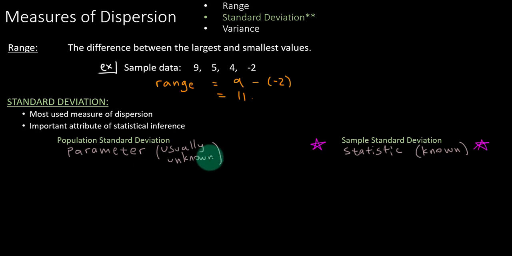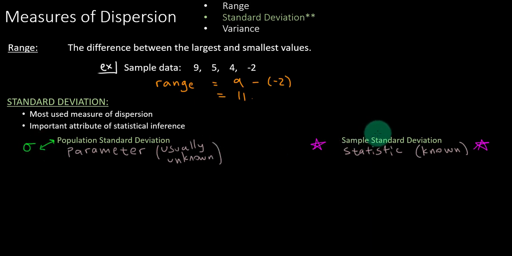Let's look at the notation and the formula. The population standard deviation utilizes a Greek letter because it's a parameter, and it's usually the Greek letter sigma. That is lowercase sigma. It kind of looks like a 0 with a little handle on it.